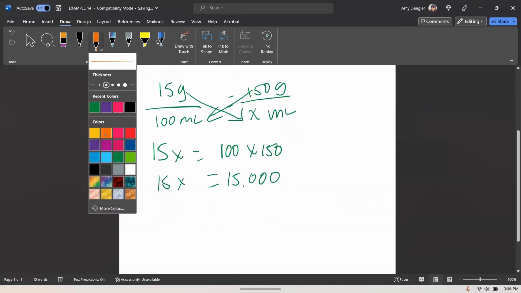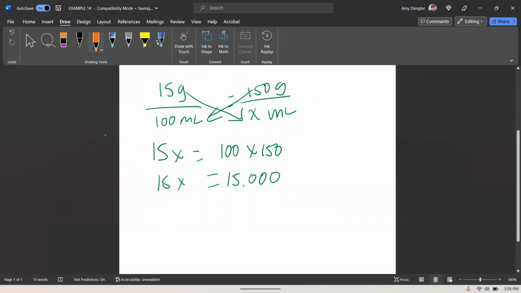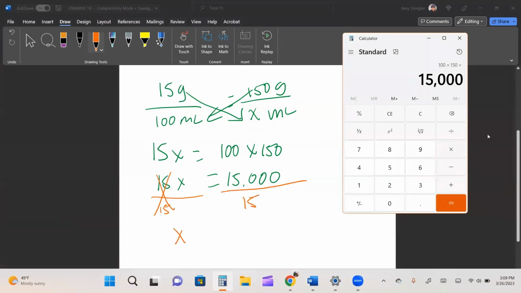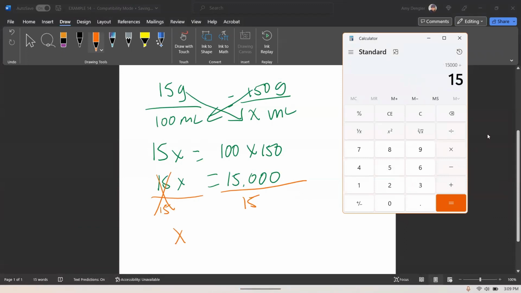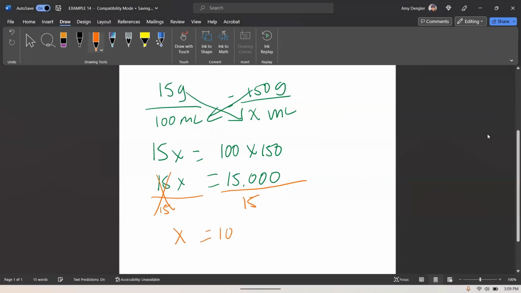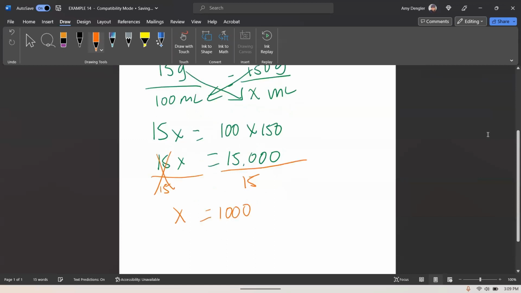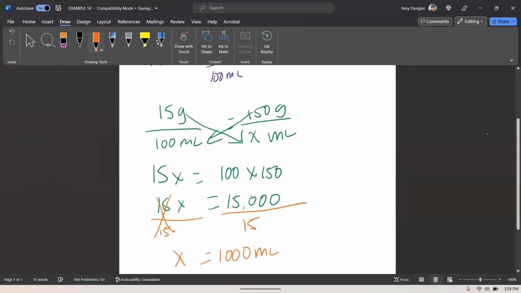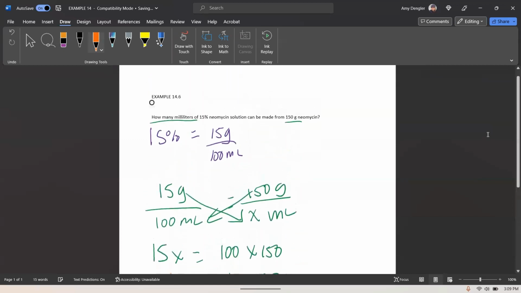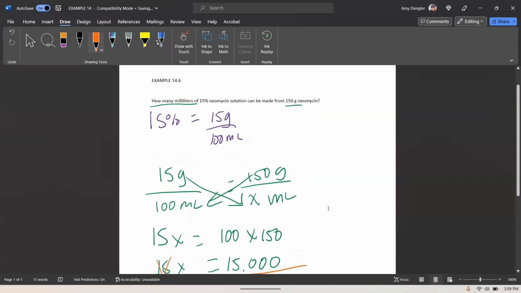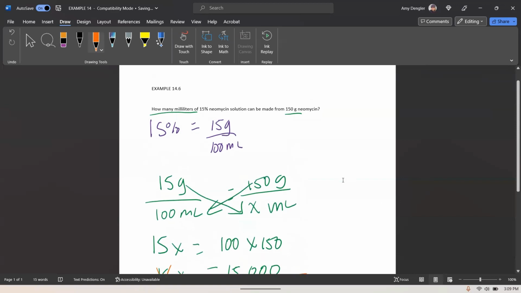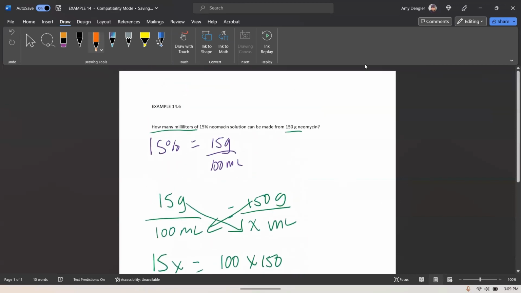Still, we want to get that x alone, so we need to get rid of the 15. So we'll divide each side by 15. So 15,000 divided by 15 is 1,000. And that's 1,000 milliliters. So we can make 1,000 milliliters of 15% solution from 150 grams of neomycin.